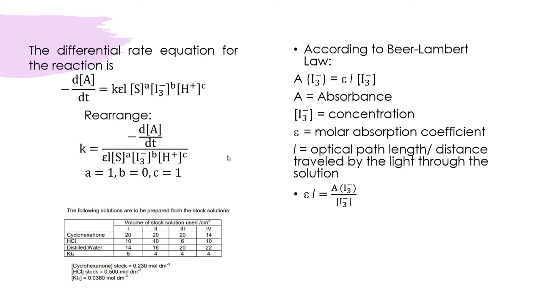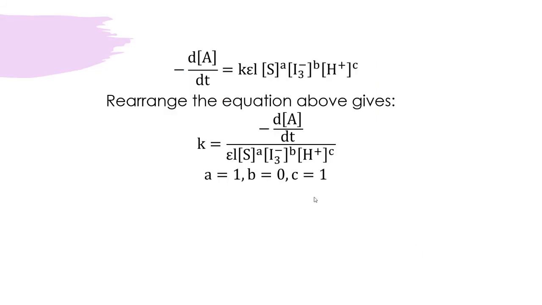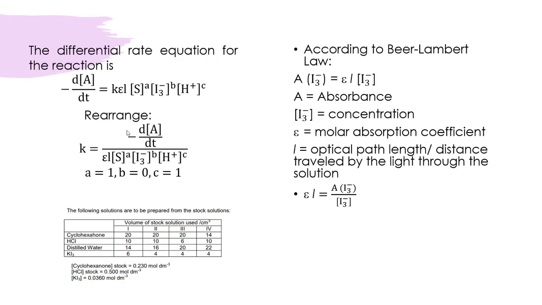So in terms of the process, what you need to do is find, now that you have the values which are given previously here for all the rate of reaction for each trial, so you have the values for each trial, so you know the values are 1, 0, and 1 for the order of reaction.